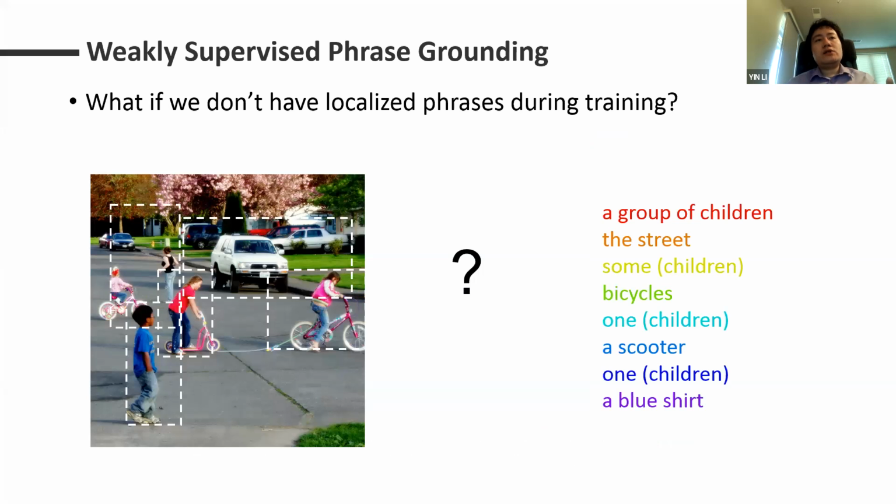Now if we put the image on the left-hand side and all the phrases we parse from the sentence on the right-hand side, we know that there are a certain number of concepts in this image. We have a group of children, we have street, we have some children, bicycle, and scooter, and so forth.